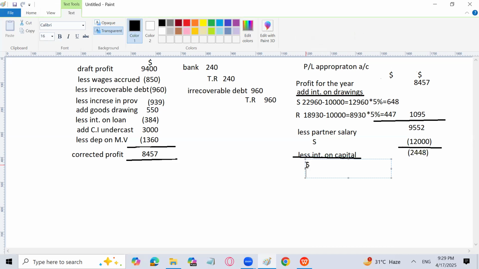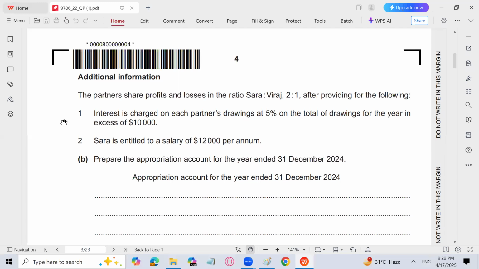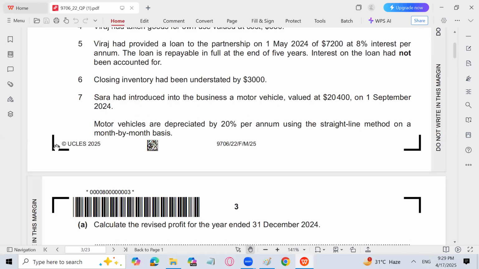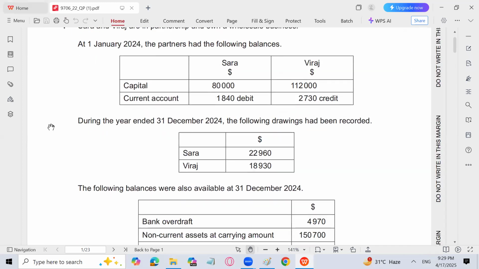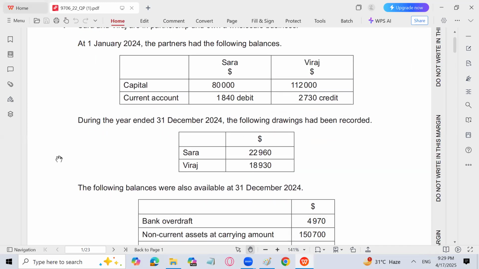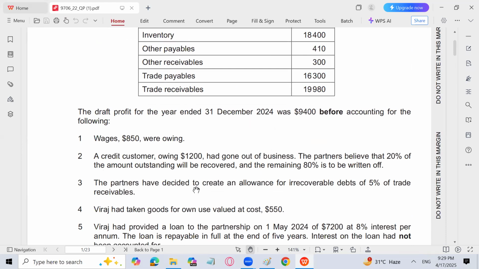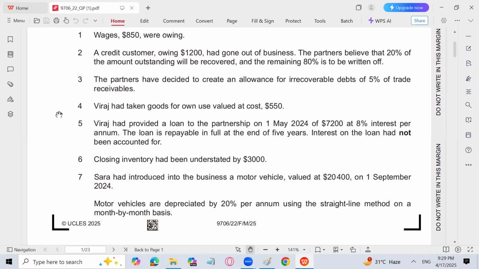Here is a very difficult point. You have to see that interest on capital, if you just go back, how much is the interest on capital? Not here. Is there any interest on capital?